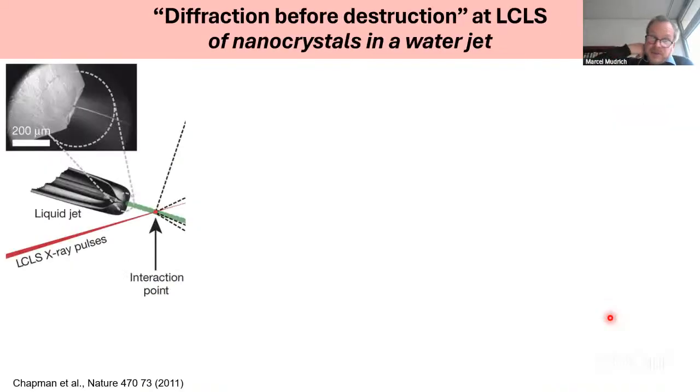Just to give you a few more examples of this femtosecond single shot X-ray diffraction imaging. Another way of delivering targets, in particular targets that are maybe a bit more interesting than just helium nanodroplets, because helium nanodroplets you don't find too often in nature.